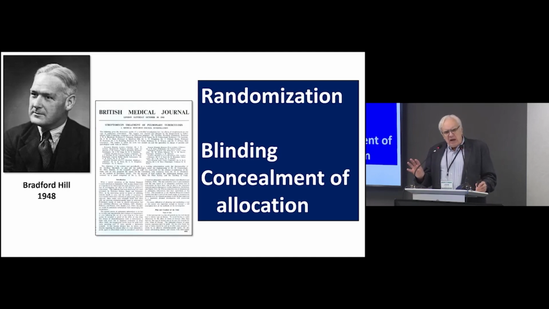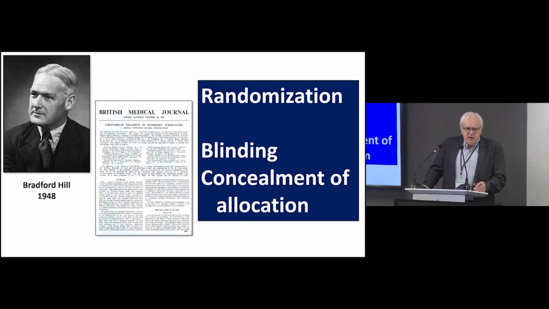Obviously, another threat to the conclusions one draws is the potential for bias in a trial. You may decide to select patients who are more likely to benefit from one therapy than another, and you may adjudicate outcomes differently.